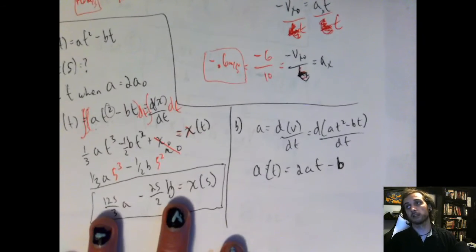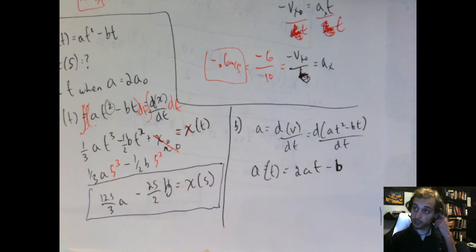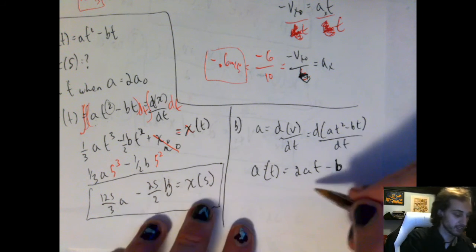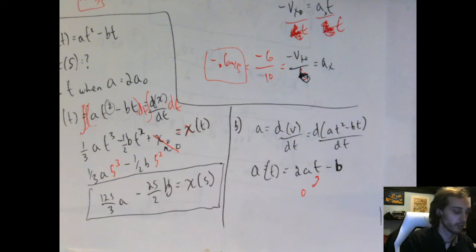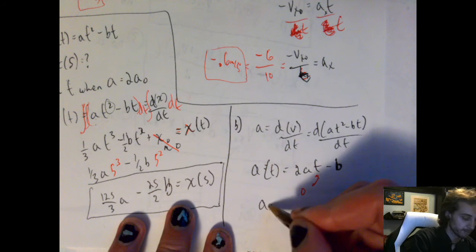Now the problem asks us when the acceleration is going to be double the original acceleration. I need to figure out what the original acceleration was if that's going to work. So I need to actually plug in t equals 0. If I do that, that'll give me a at x naught.